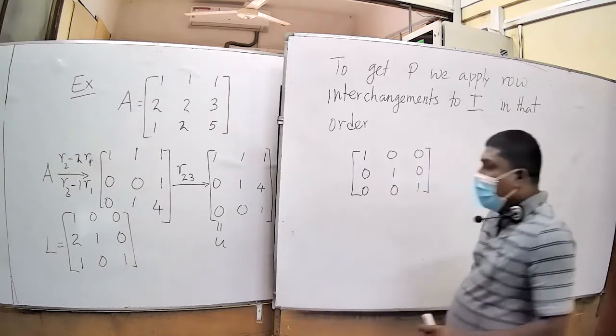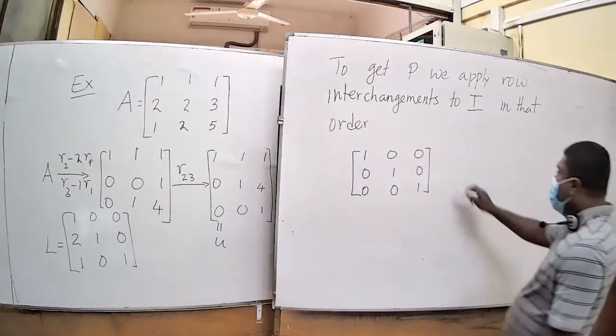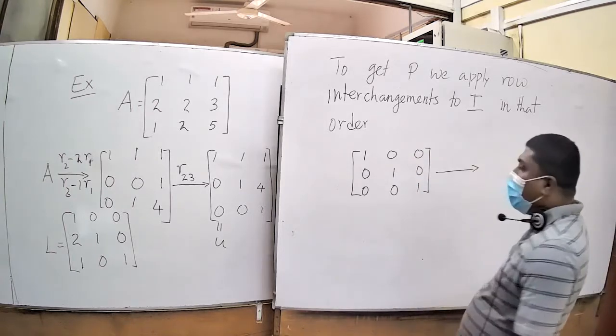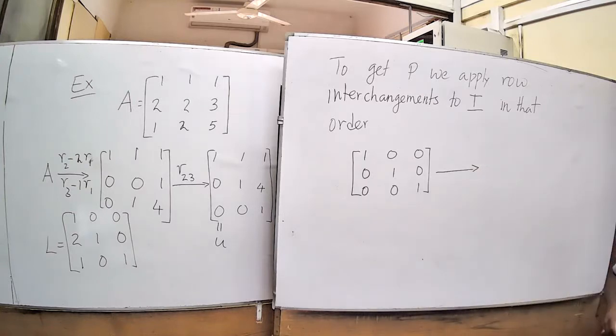Whatever row interchanges you applied in the elimination process, you apply to I here.